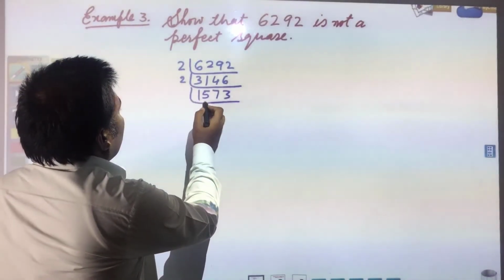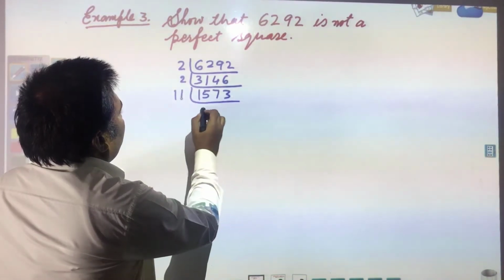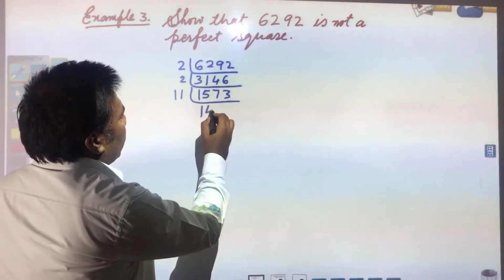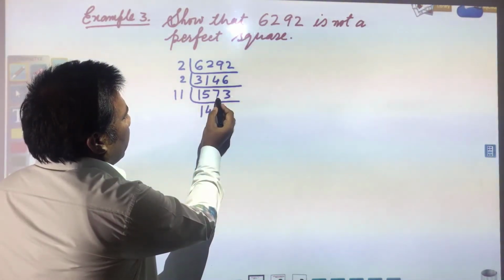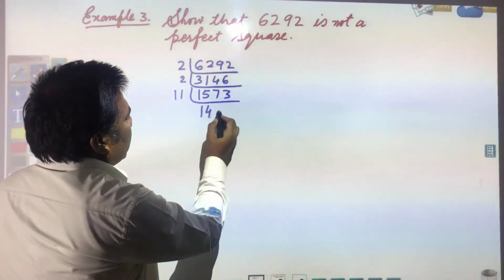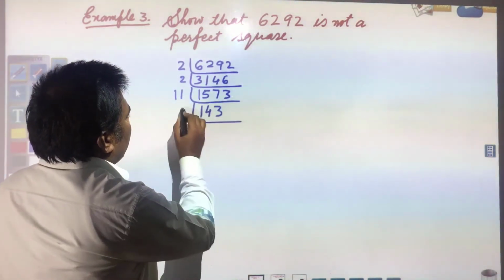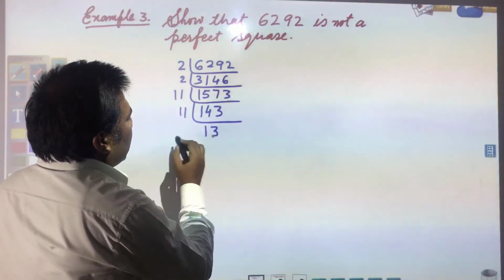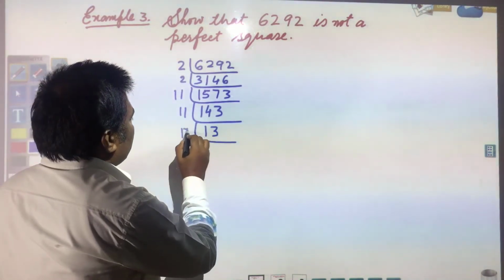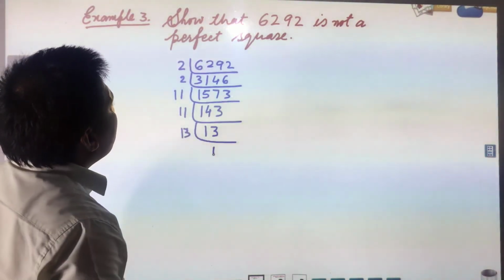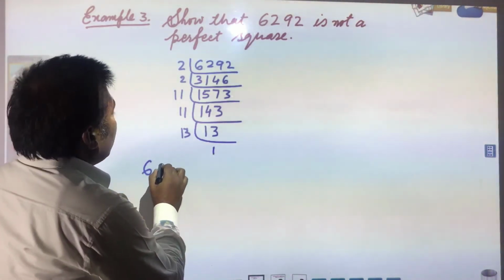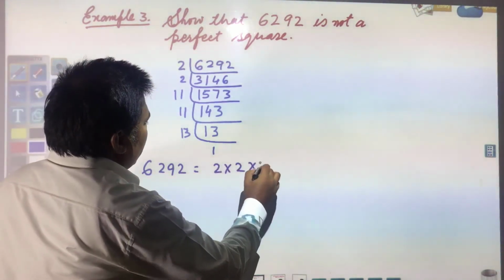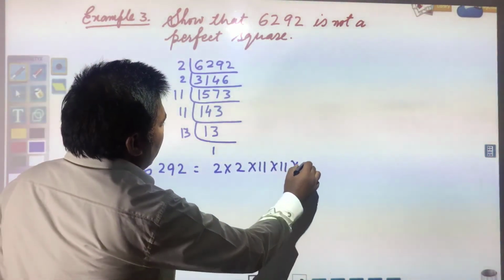Here you see this will be divisible by 11. 11 3s are 33, 11 1 is 11, and 13 1 is 13. So this number 6292 can be expressed as 2 into 2 into 11 into 11 into 13.